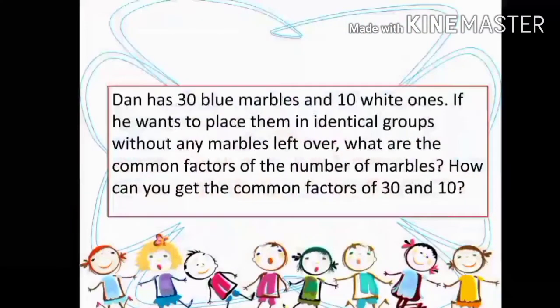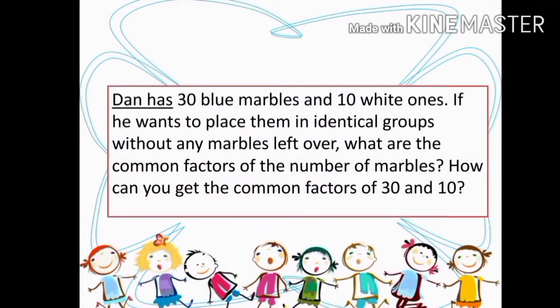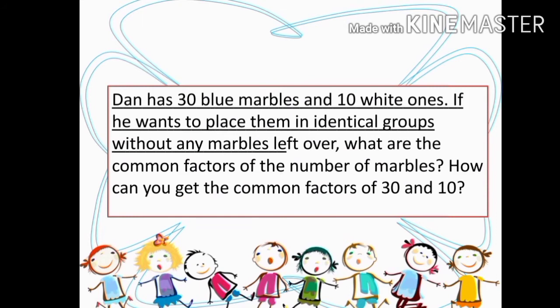Now, I have here a simple problem. Let's try our very best to do whatever the problem asks us to do. Dan has 30 blue marbles and 10 white ones.